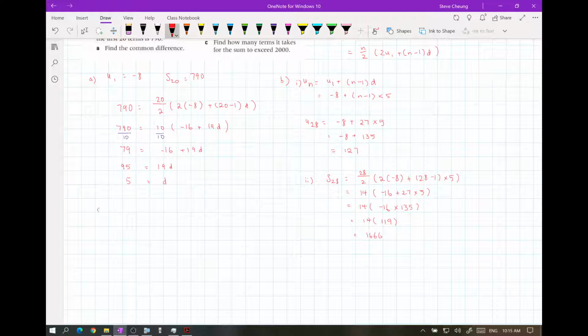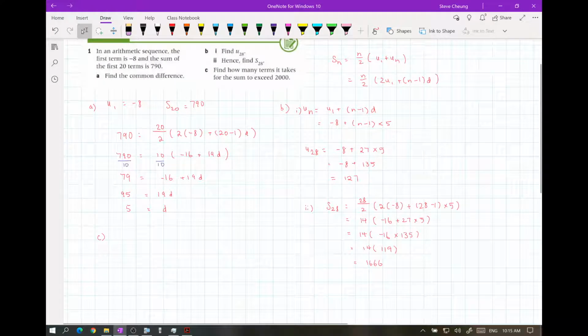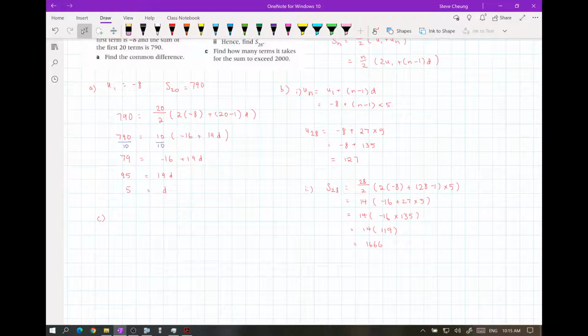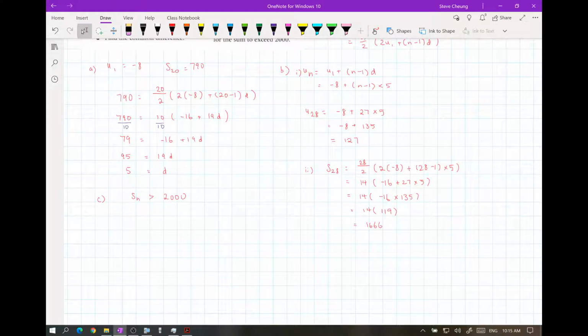And C, let's move C over here. How many terms does it take to reach 2000? So we want the sum to fall above 2000. When is the first term that gives us a total above that?